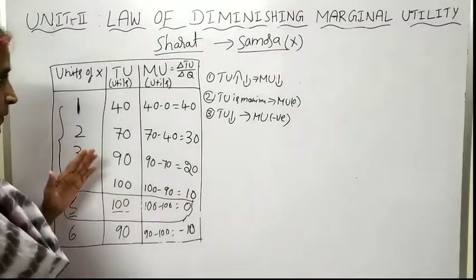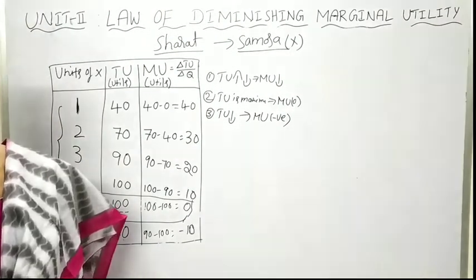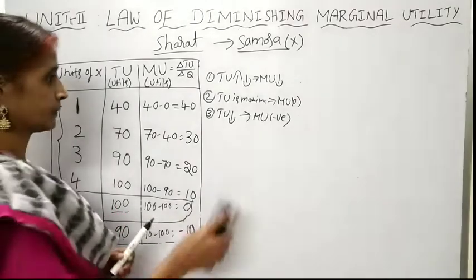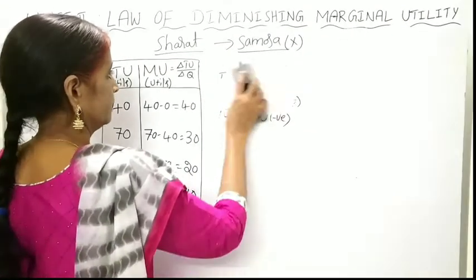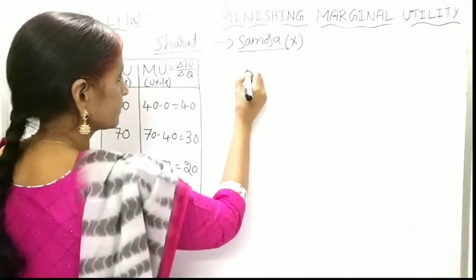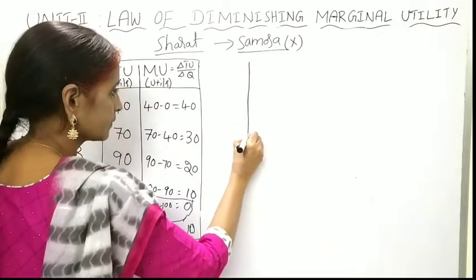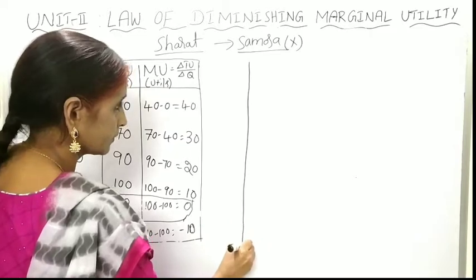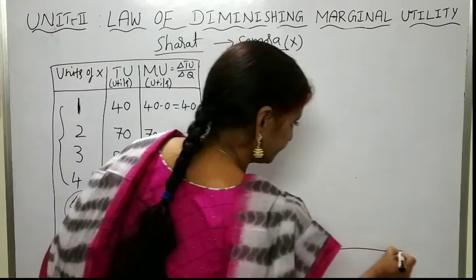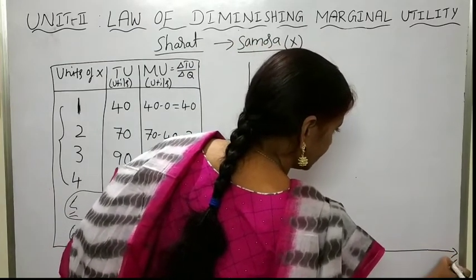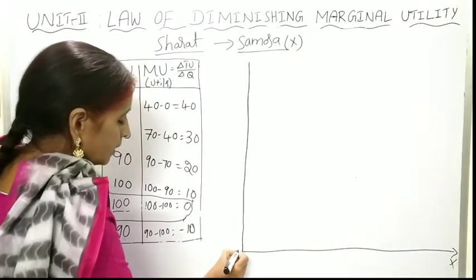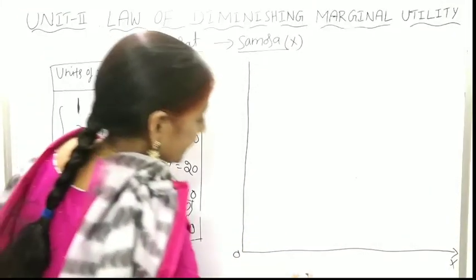Okay, children? And this law is explained by using a diagram also. So I am drawing the diagram. On the x-axis we are showing the units of x, that is samosa.